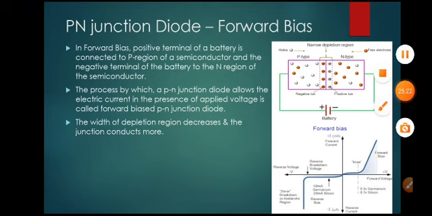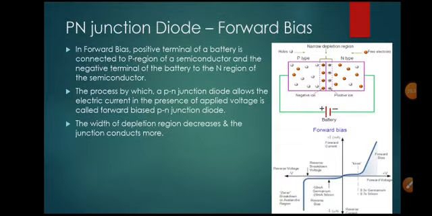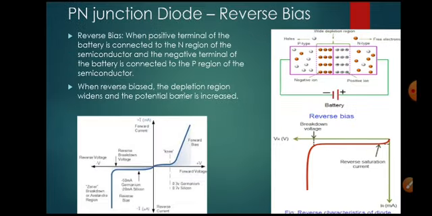And when you connect a PN junction diode with the P type to the battery's negative terminal and the N type to the battery's positive terminal, this biasing is called reverse biasing.